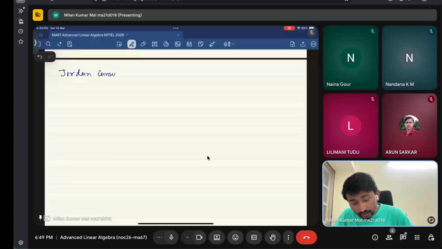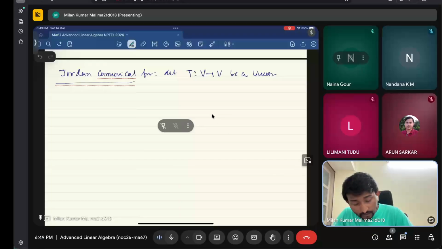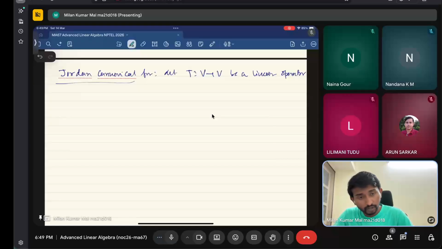Jordan canonical form. Let T from V to V be a linear operator on a finite dimensional vector space V over an algebraically closed field.